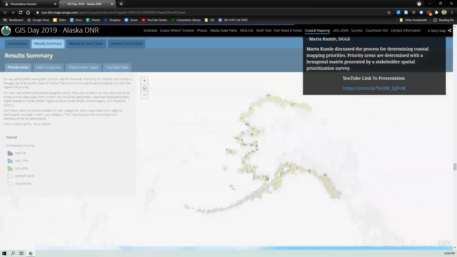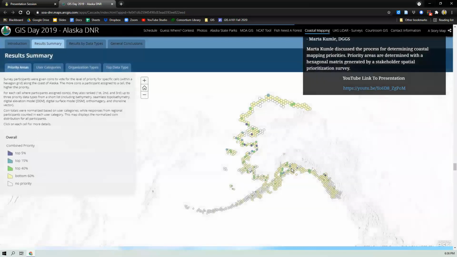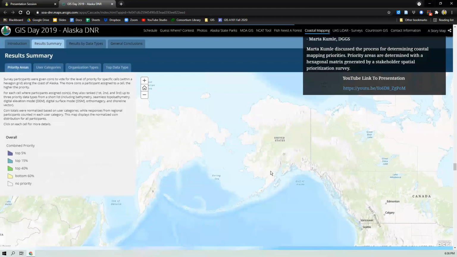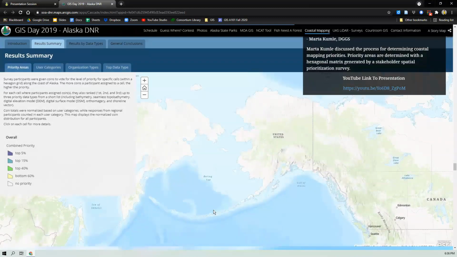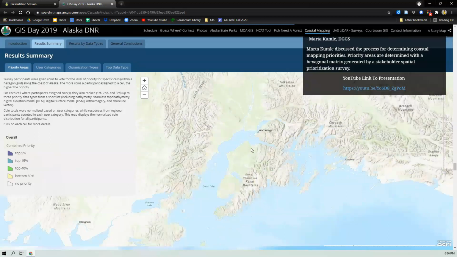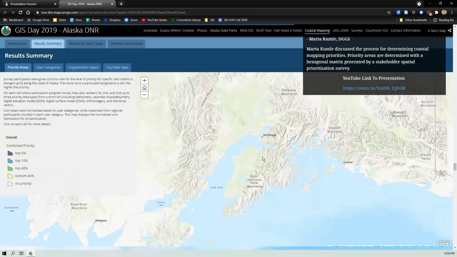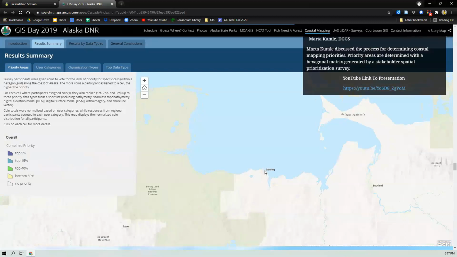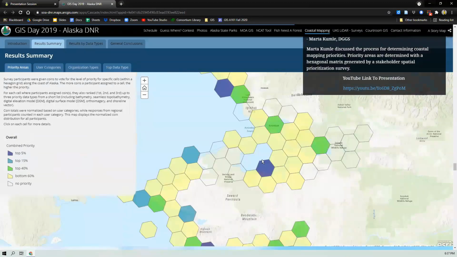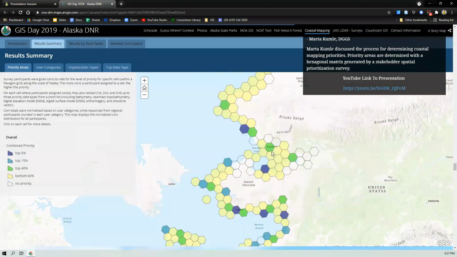So this is a mapping project that the state did to show coastal mapping priorities. So this was a survey. They collected information from people, got everybody to talk about their priorities and where we need to collect data around the state, areas where there's data gaps. So you can see not only is this a great way of then communicating this information to the people responsible for collecting the data, but they could also use this to collect that information from the public.